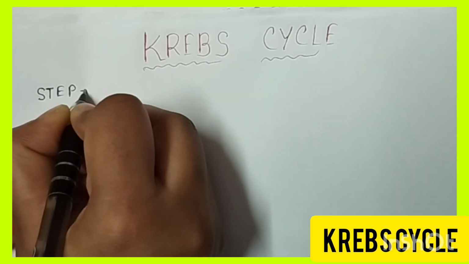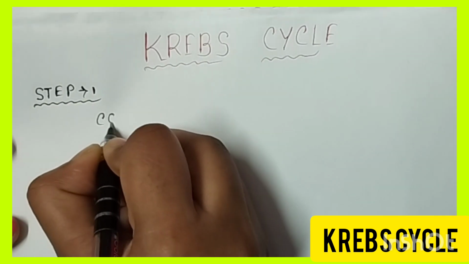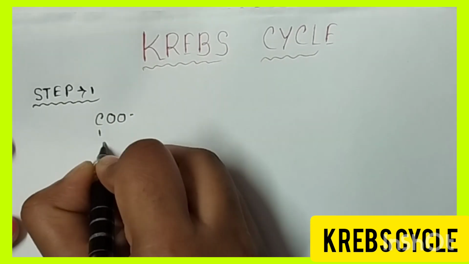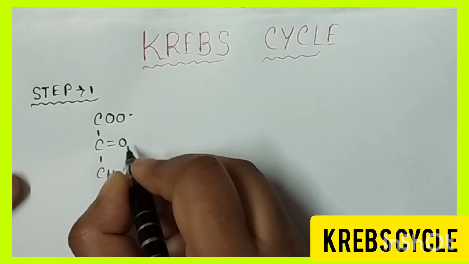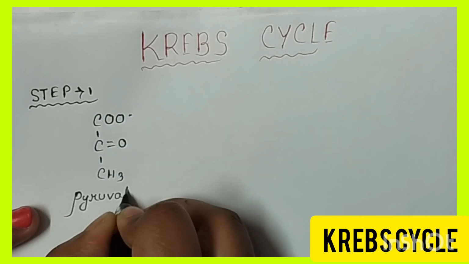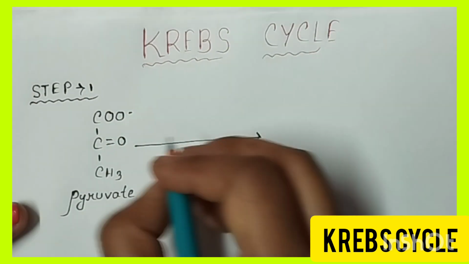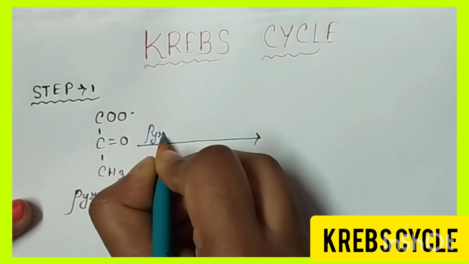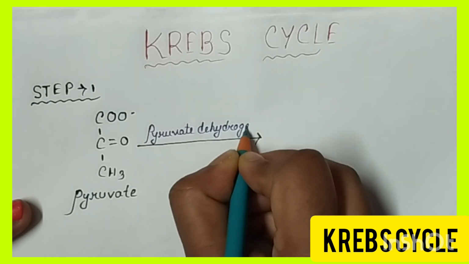The first step of the Krebs cycle. First I have presented the pyruvate structure, that is an easy structure. Before the Krebs cycle, the pyruvate is present in the cytoplasm, and is carried into the mitochondria with the help of a carrier. This pyruvate is converted to acetyl CoA with the help of the enzyme named pyruvate dehydrogenase.